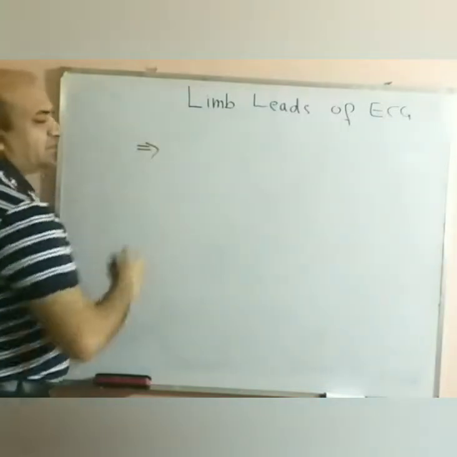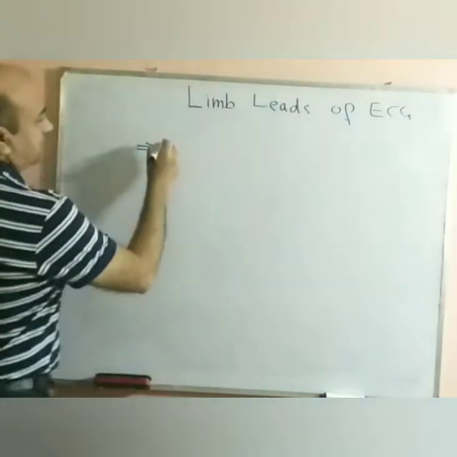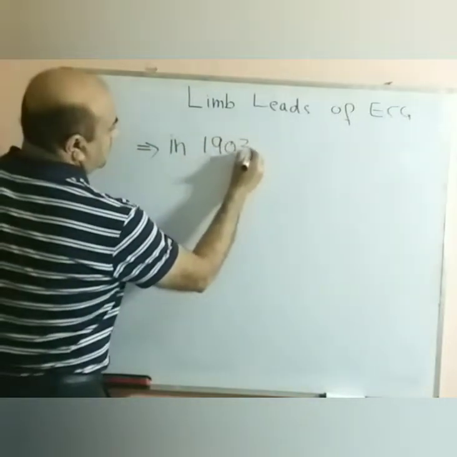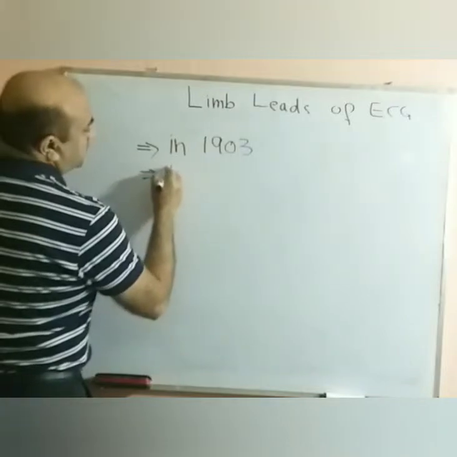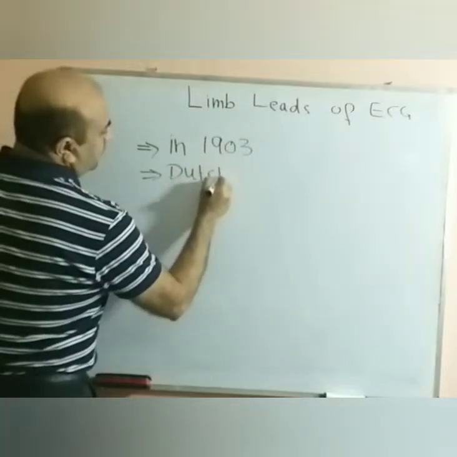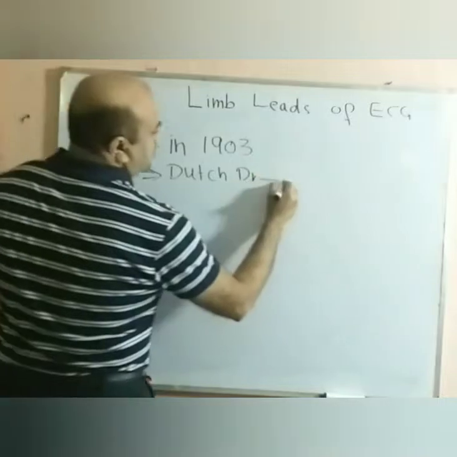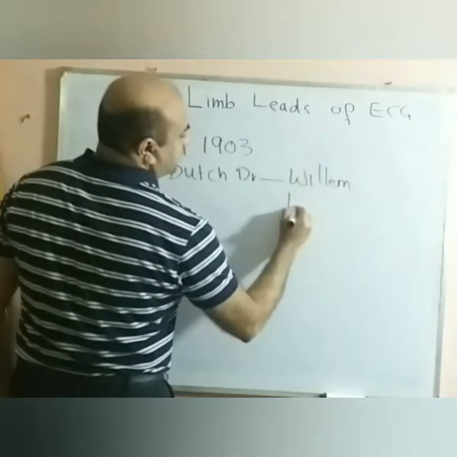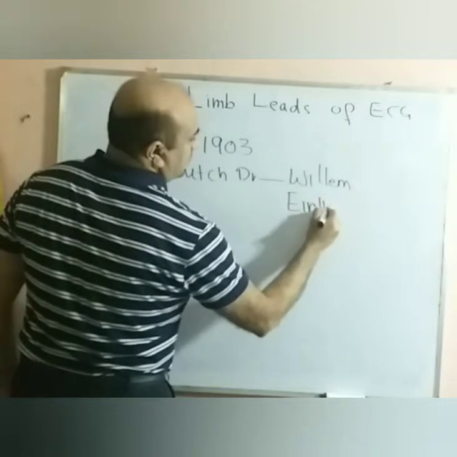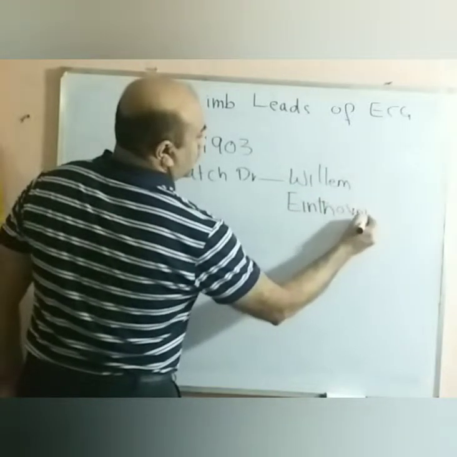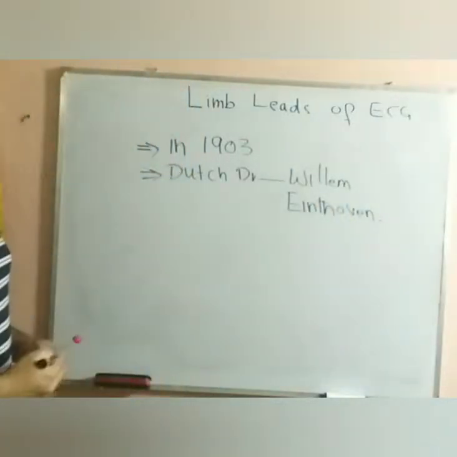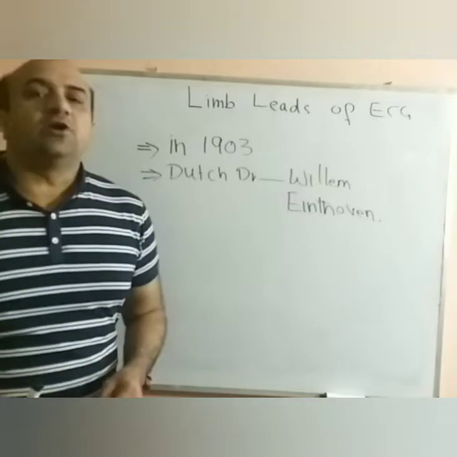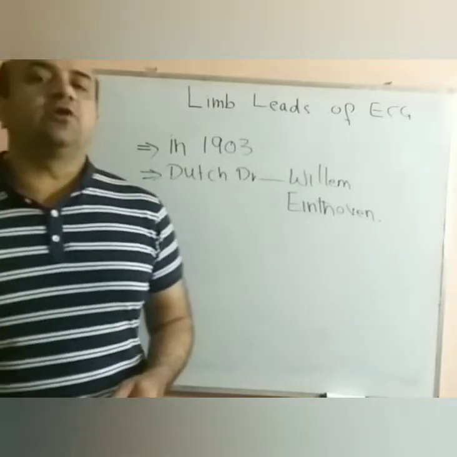So, giving it a historic perspective, in 1903, a Dutch doctor whose name was Mr. William Einthoven actually invented the machine which we call today the electrocardiogram or the electrocardiography machine.